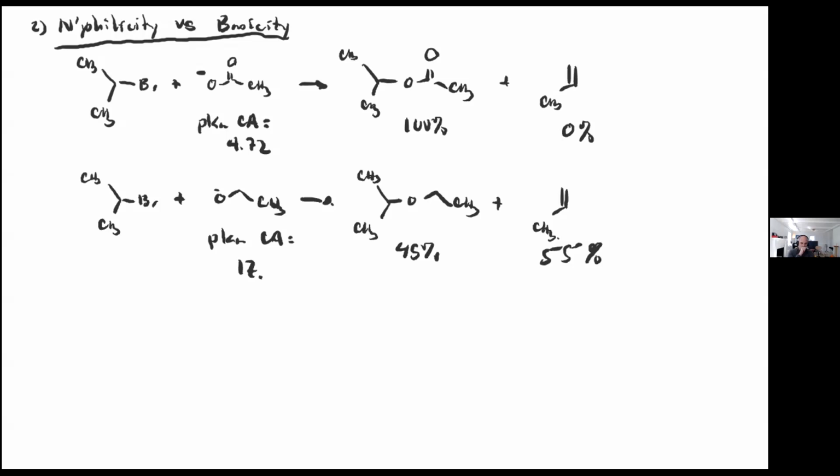It may seem apparently contradictory, but the important point is that when we were talking about the primary substrates and we were saying what's a good nucleophile, what's a bad nucleophile, there was a correlation with pKa. And so we could just use pKa to get us to the right answer. But with secondary, that correlation breaks down.